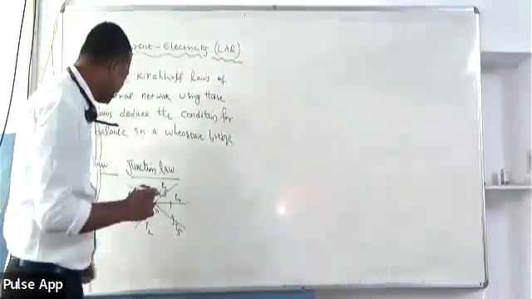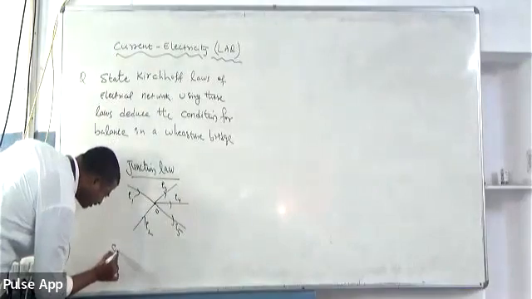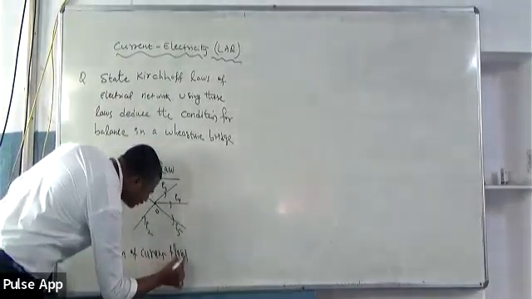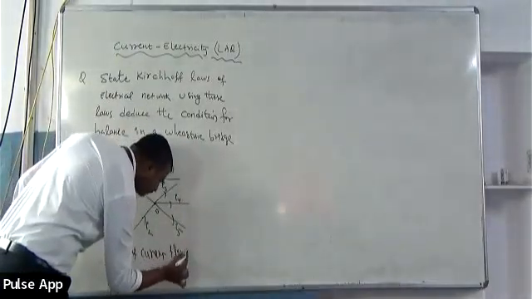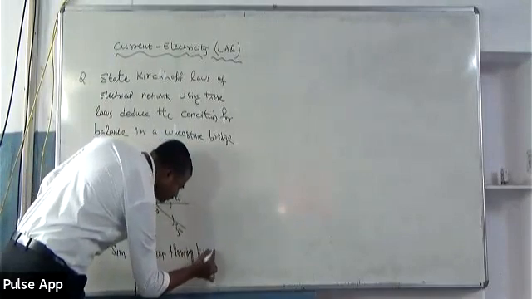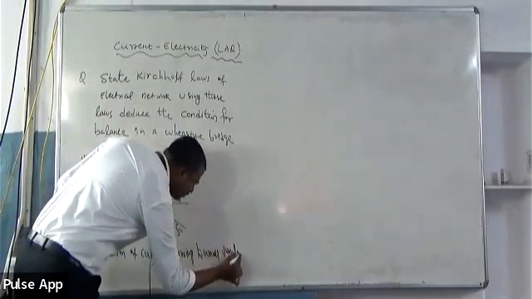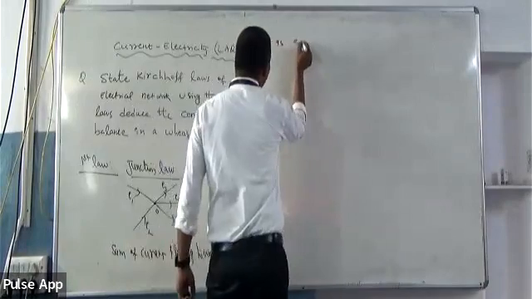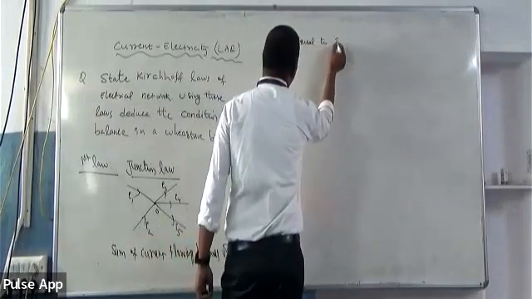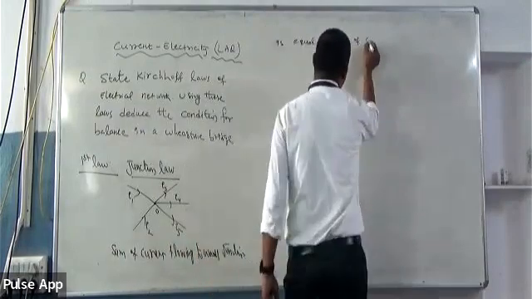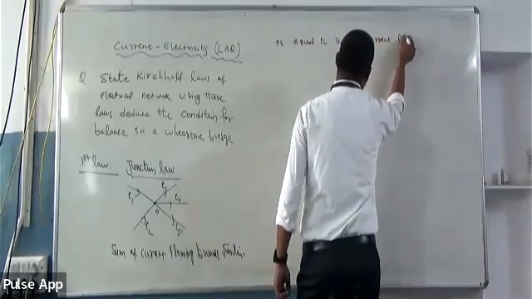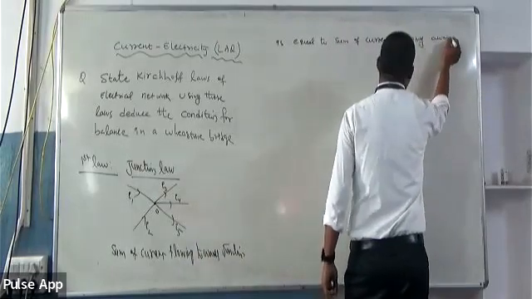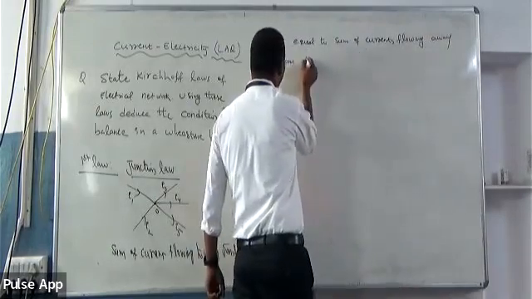So we can write here: sum of currents flowing towards the junction is equal to sum of currents flowing away from the junction.